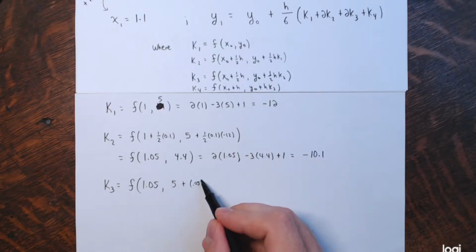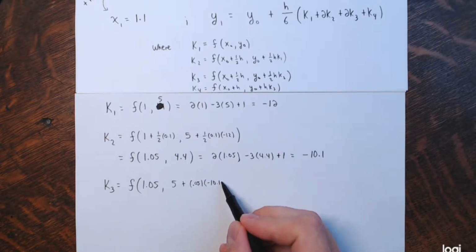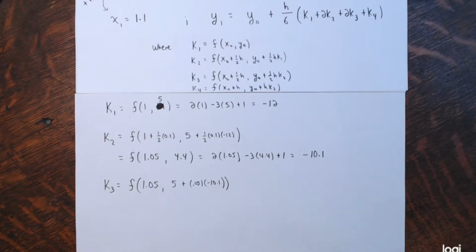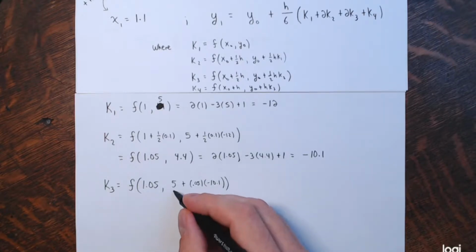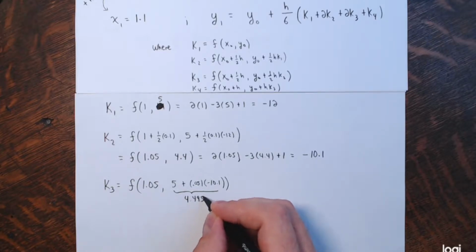So 0.05, that's half h, times k2, times negative 10.1. And that is 10.1 times 0.05, 4.495. Alright, this is 4.495 here.